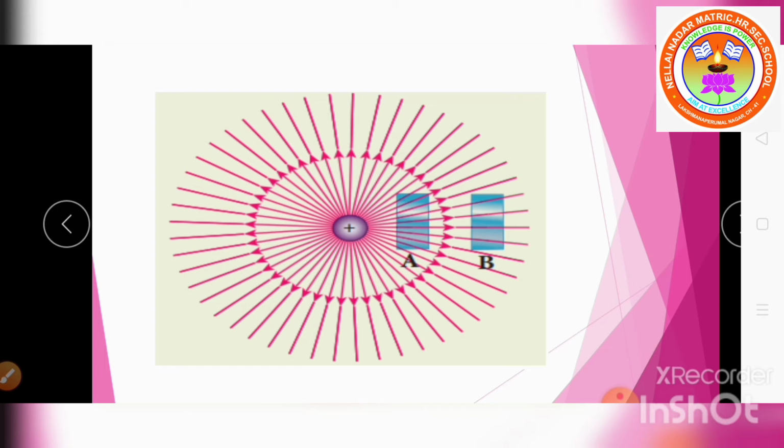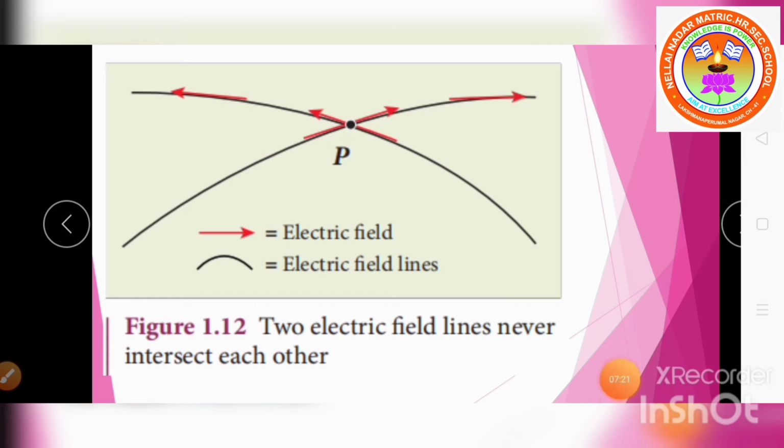Understand? Next point. Important 2-mark question: the electric field lines never intersect. Justify. Listen, children, no two electric field lines intersect each other.